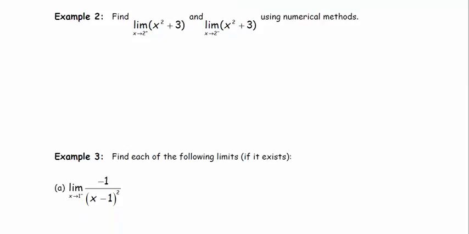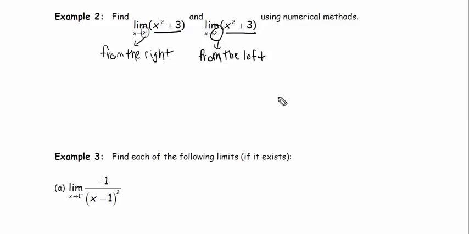Example 2: find the limit as x approaches 2, and remember this little plus sign right here means from the right, and the limit as x approaches 2 from the left, of x squared plus 3 using numerical methods.